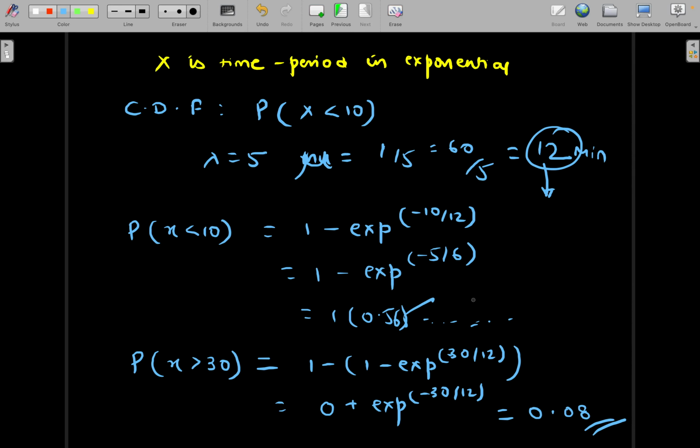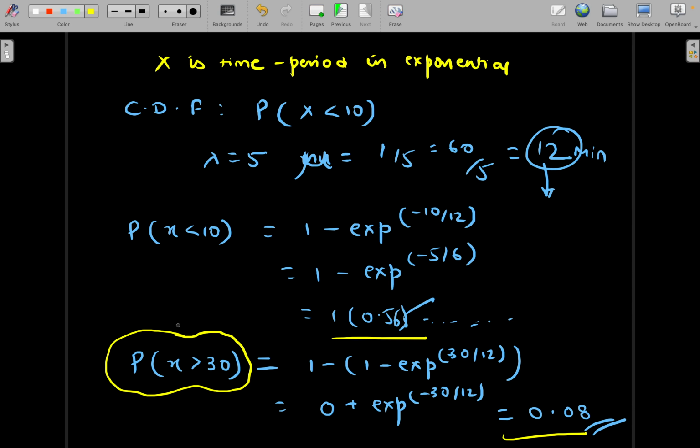Let's look at these two probabilities. Observe it. When the average time per event is 12 minutes, the probability of an event happening in less than 10 minutes is 0.5, whereas for greater than 30 minutes, it is 0.08. When we say the probability of an event happening after more than 30 minutes, we are assuming that the event had not happened yet in the first 30 minutes.